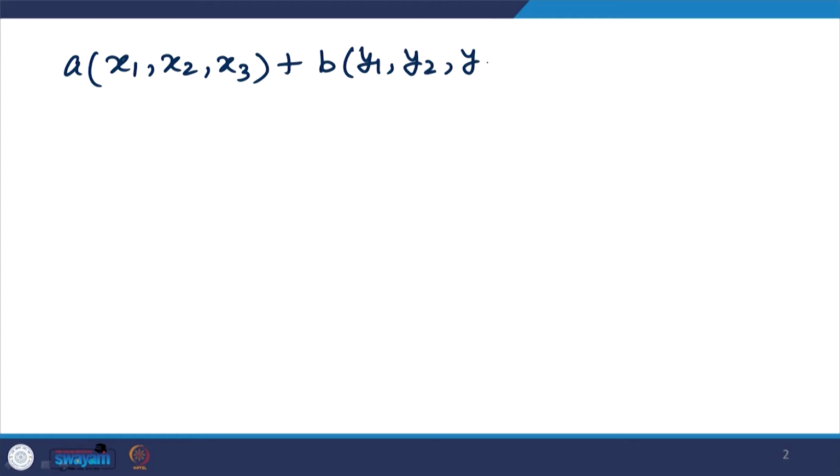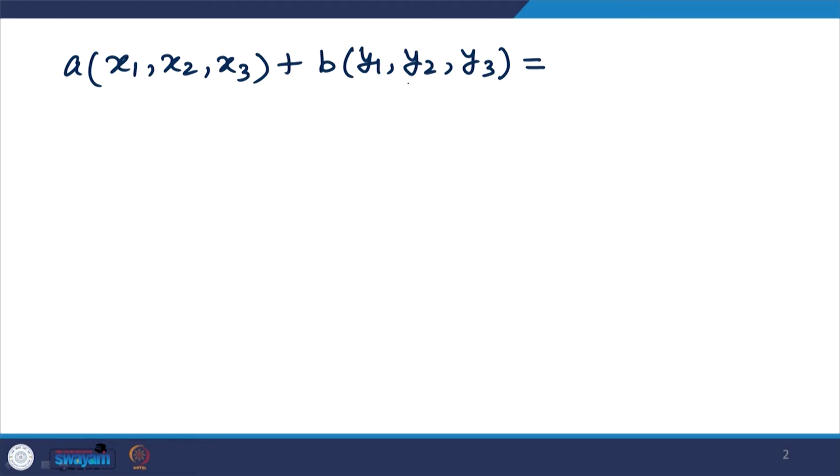Now, a times (x1, x2, x3) plus b times (y1, y2, y3). What we are having here?